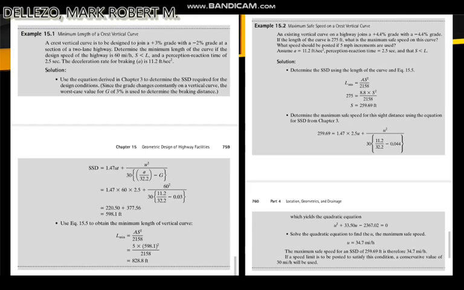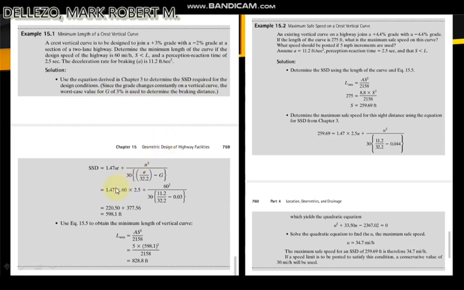Use the equation derived in chapter 3. So we go back to chapter 3 to see the derivation of the equation, then determine the SSD required for the design condition. Since the grade changes constantly on a vertical curve, the worst case value for G of 3% is used to determine the braking distance. So here we go.